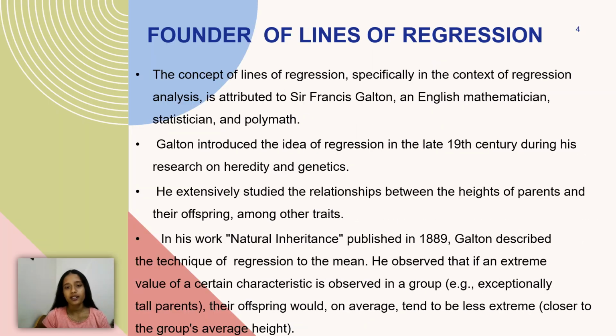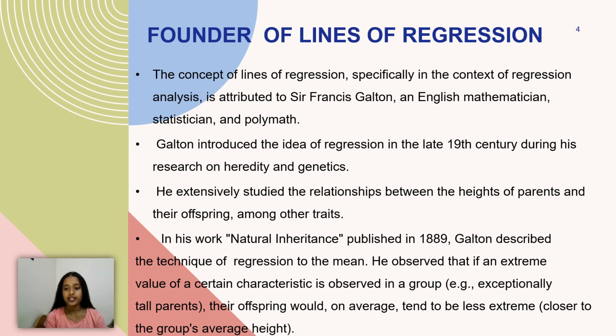So in the topic analysis of regression, today we're going to see the subtopic lines of regression. The founder of lines of regression was Sir Francis Galton, an English mathematician, statistician, and polymath. Galton introduced the idea of regression in the late 19th century during his research on heredity and genetics.